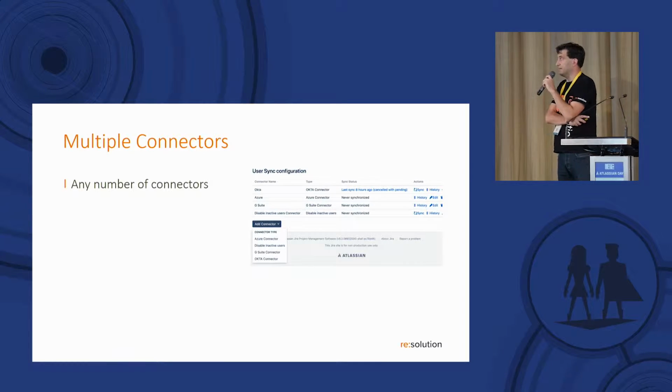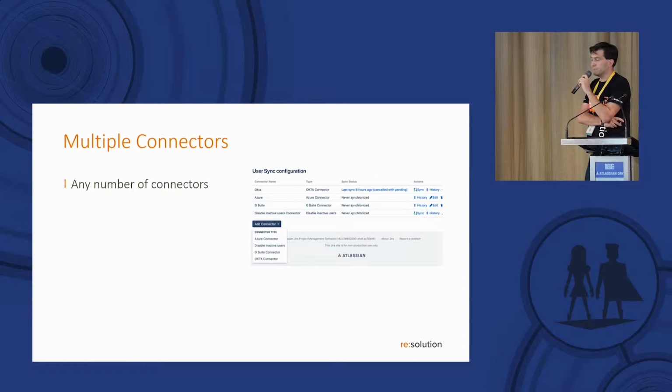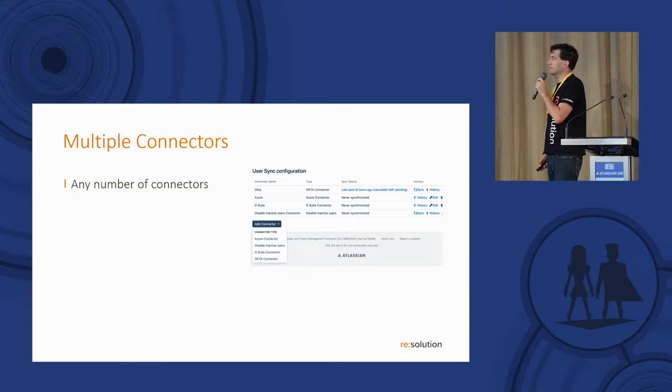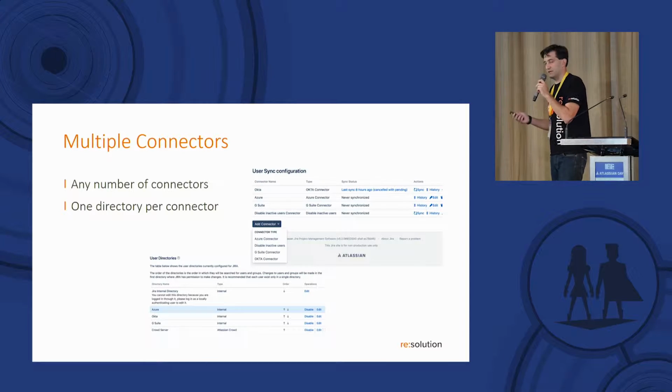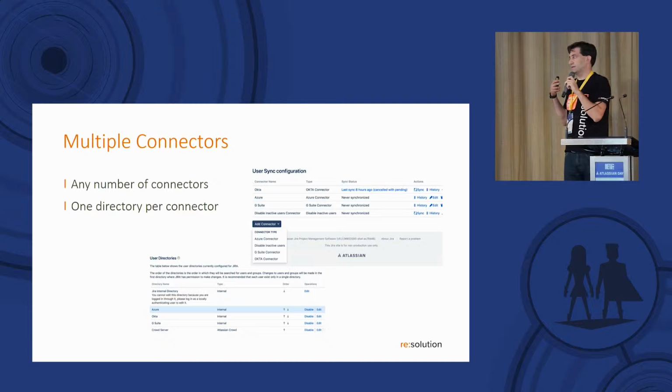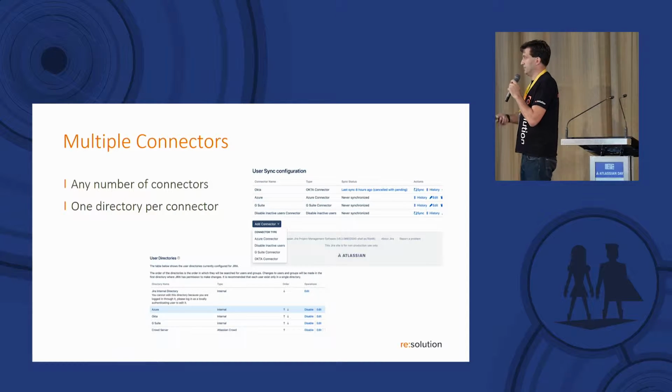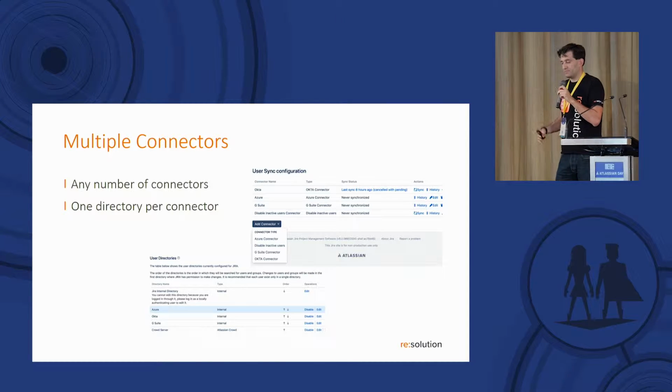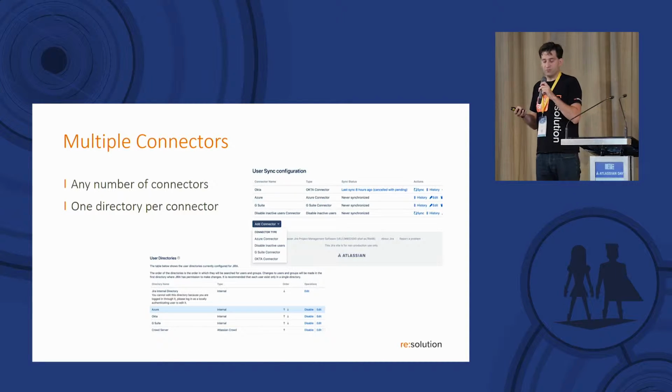Instead of adding a user directory in Jira or Confluence, you add a connector. There is a set of them available. And you can have one directory per connector. So you have an Azure directory and a G Suite directory, to separate the users like you used to do it.